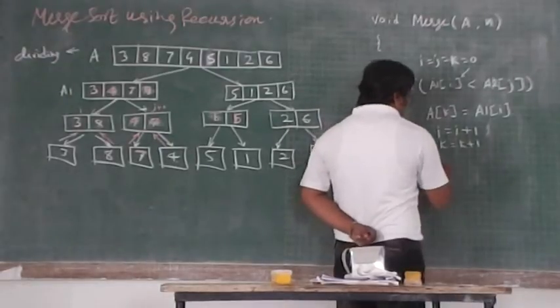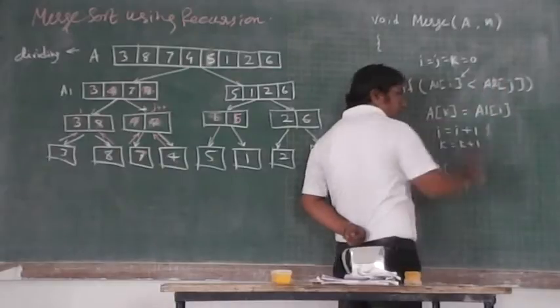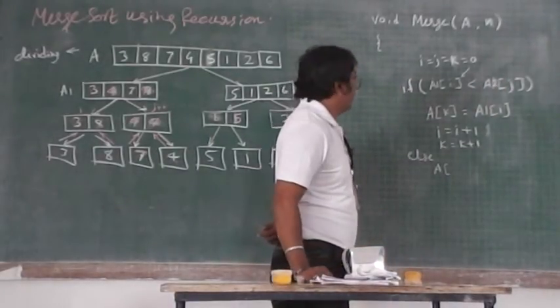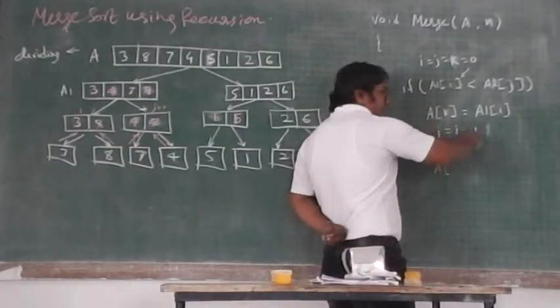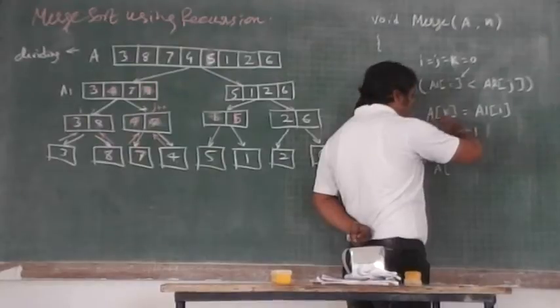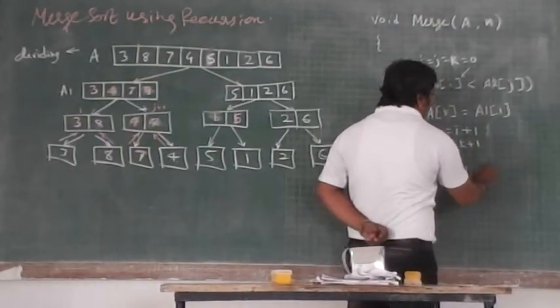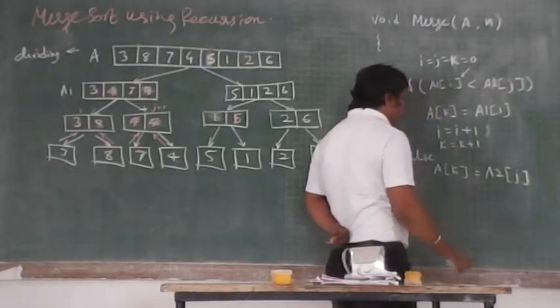Else, if this A2 element happens to be a smaller one, in that case, I don't want to do this. What I want to do, this less element I want to move into A of k. So in this case, A2 of j goes.